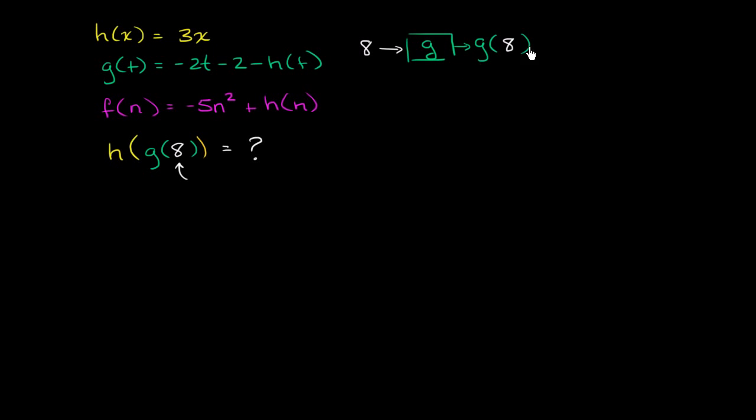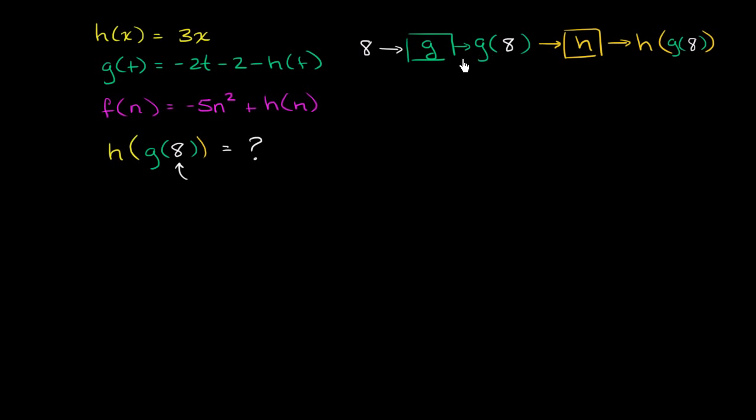And then we're going to take whatever value that is and input that into the function h. So we're going to take this whole thing, and input that into the function h, and what we will have will be h of what we inputted, h of g of 8. So let's just do it one step at a time.